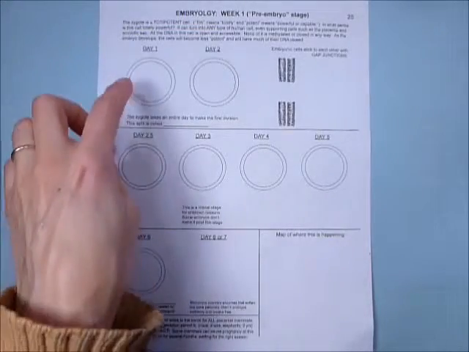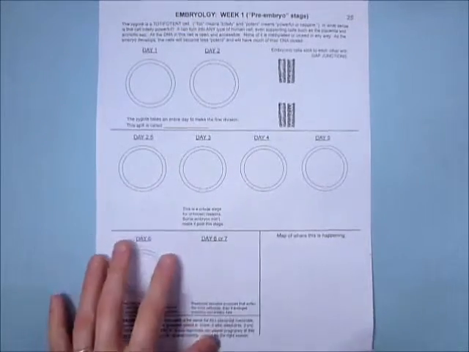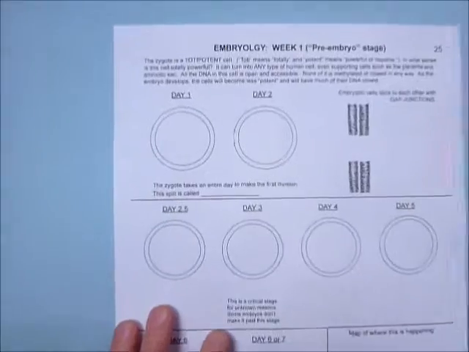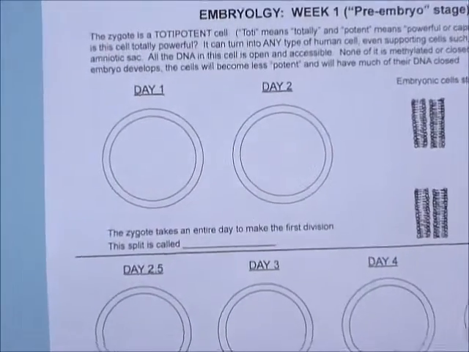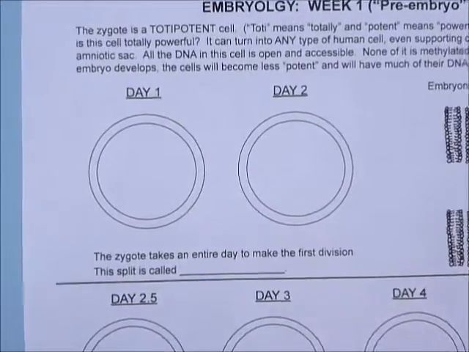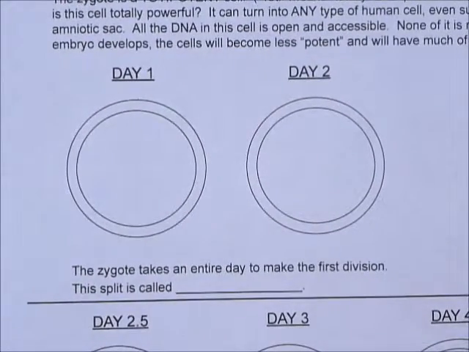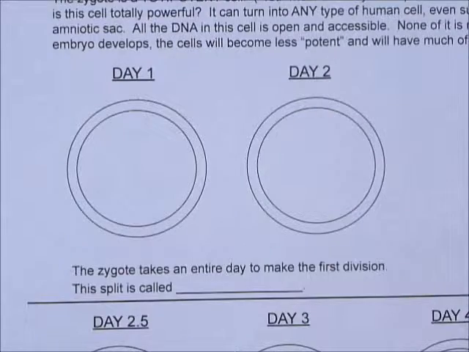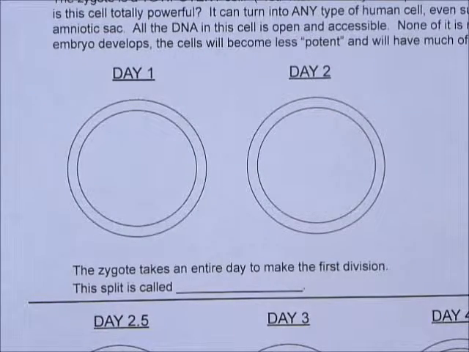So we're going to draw day 1 again. Let's zoom in on day 1 and day 2. And day 1 is simply the zygote, and we saw in the last drawing how the male and female gamete, the sperm and the egg, came together to make a complete set of DNA and make the zygote.